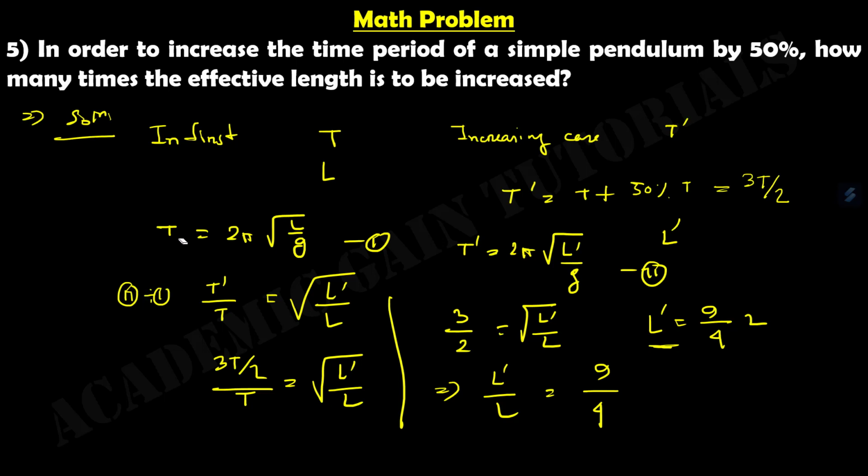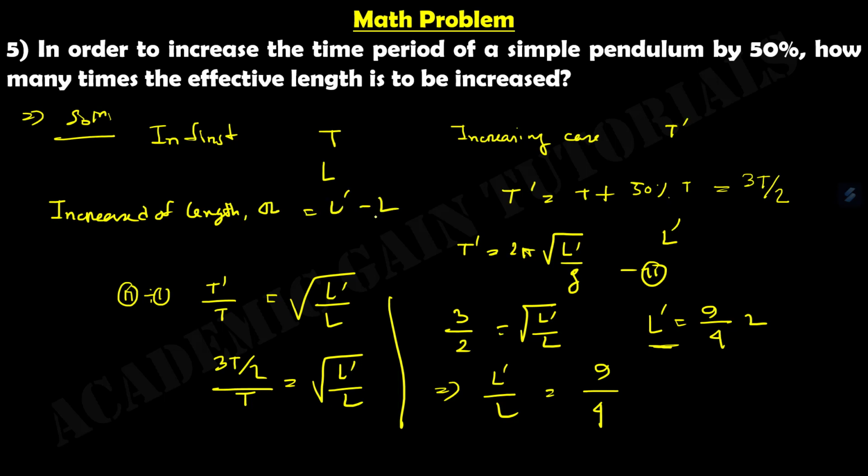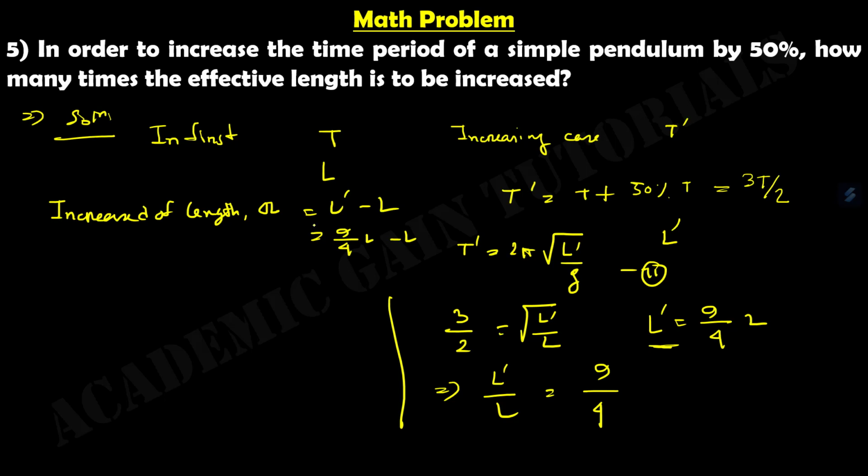To determine this, the increase of length, delta L, equals L prime minus L. Here our L prime is 9 by 4 L and the value of L is L. If I calculate this, 9 by 4 equals 2.25 L minus L, which equals 1.25 L.